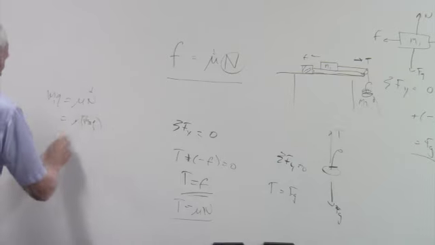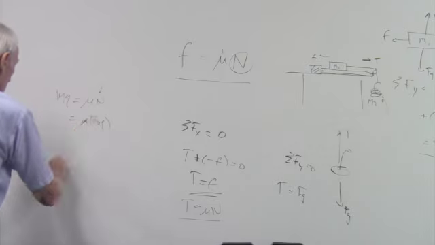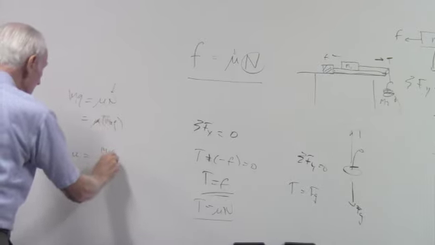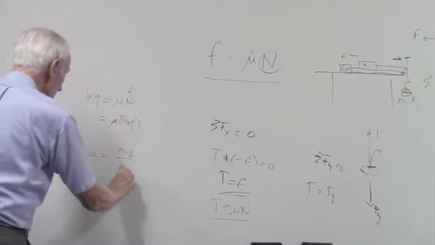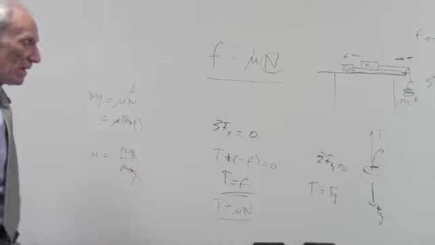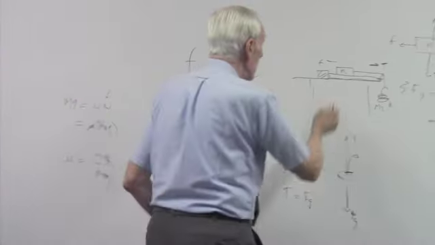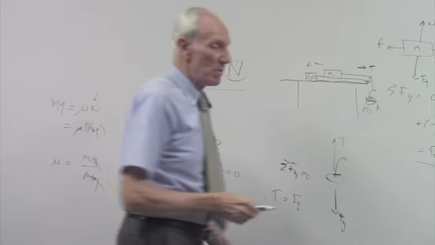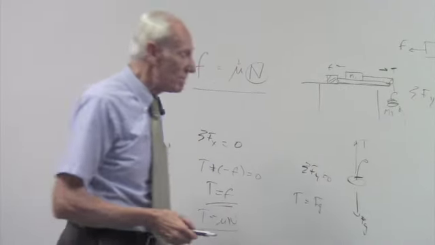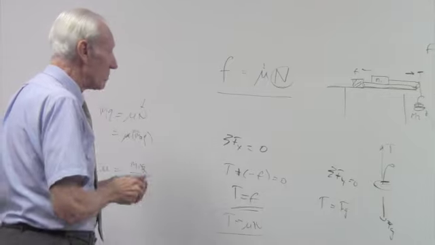And so the coefficient of friction is mass 1 times g over mass 2 times g. And the g's cancel out. And the coefficient of friction is simply this mass divided by that mass. Very simple. So that's the first part, pretty easy.